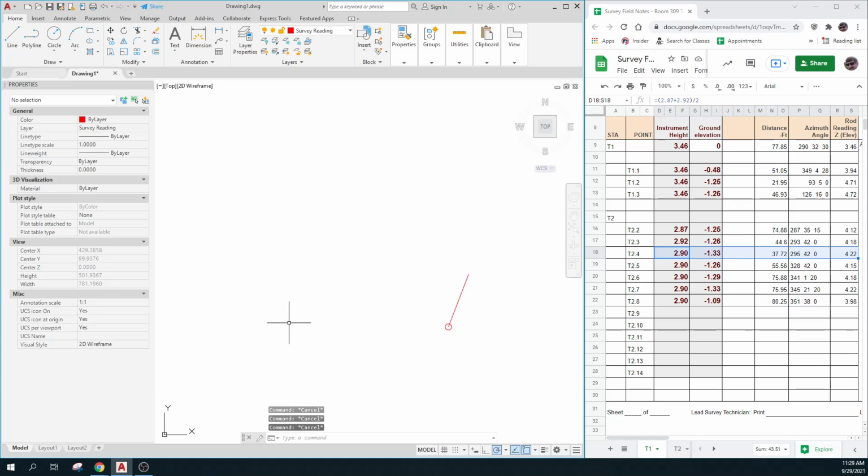Did I not get clockwise? I'm clockwise. Just feet.